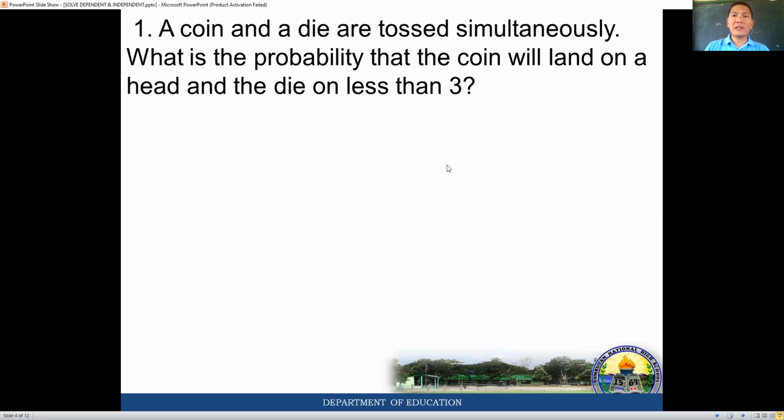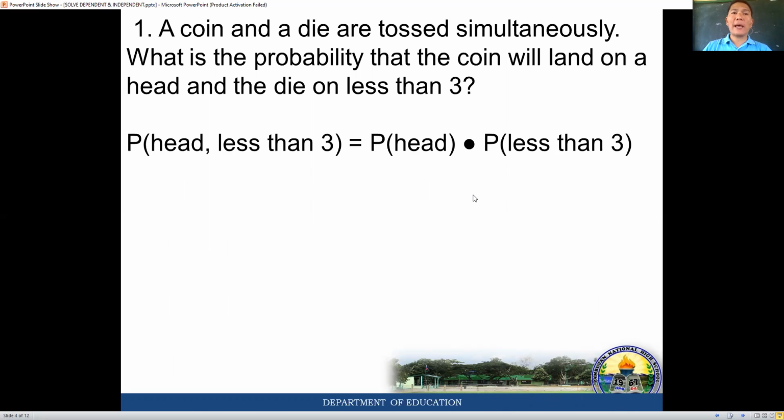The first event is not connected to the second event. Again, how are we going to solve for this? We will just multiply the probability of head and the probability of the die landing on less than 3, which is equal to the probability of head times the probability of less than 3.